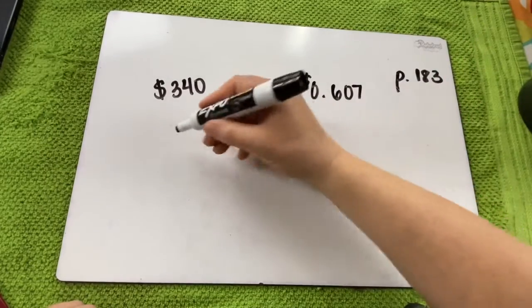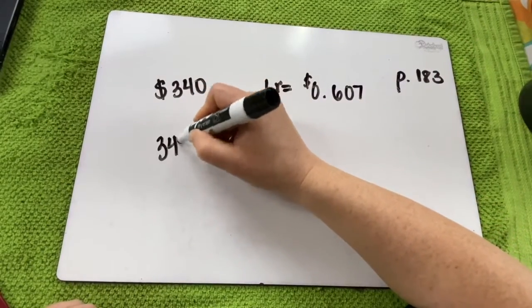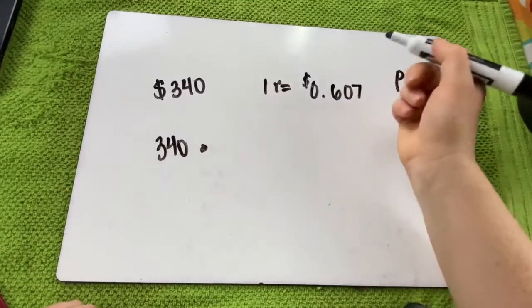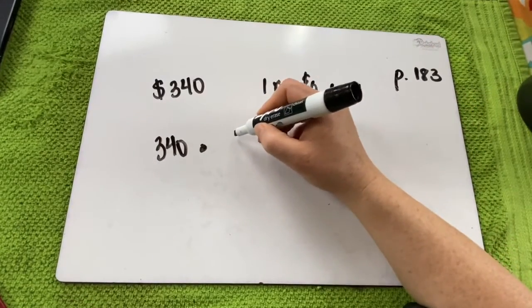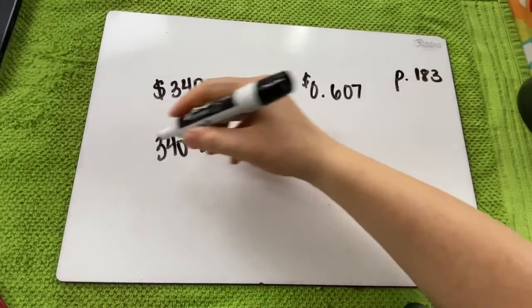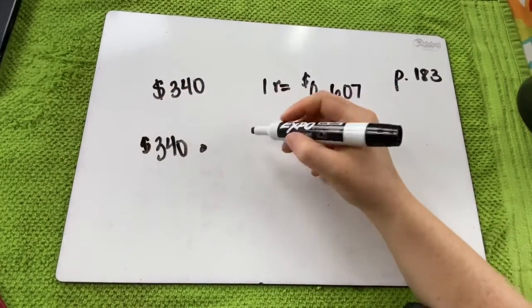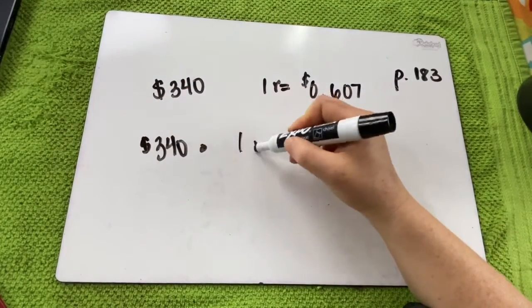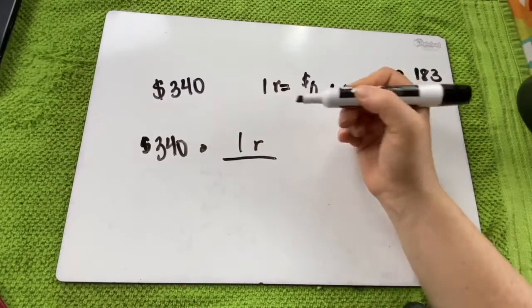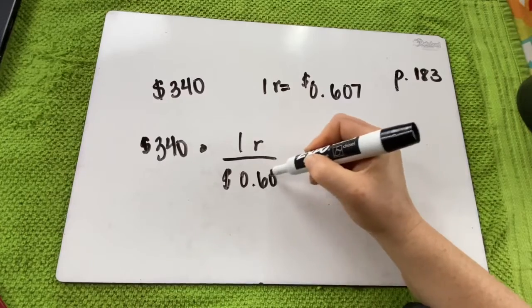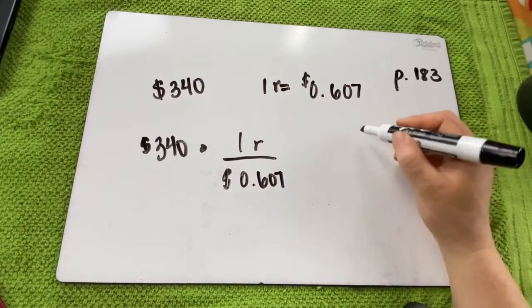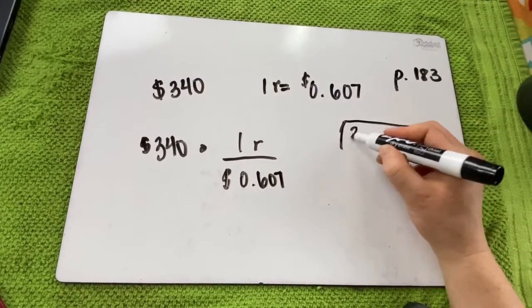Okay, so set it up. So 340 times, we need this on the bottom. So it's not really times, it's divide. So we have 1 Rand over 0.607. Now remember, you guys have a calculator, so you can use a calculator.